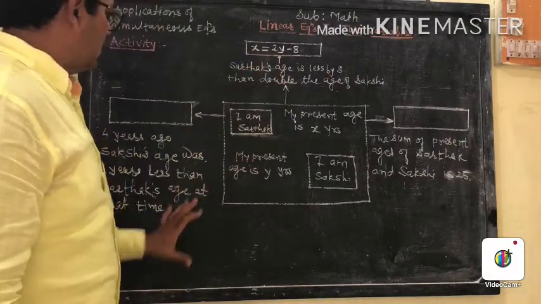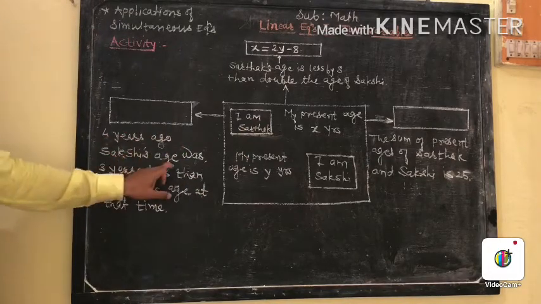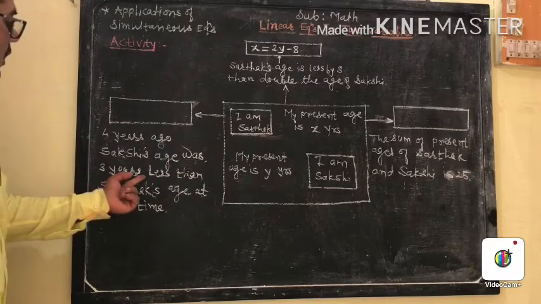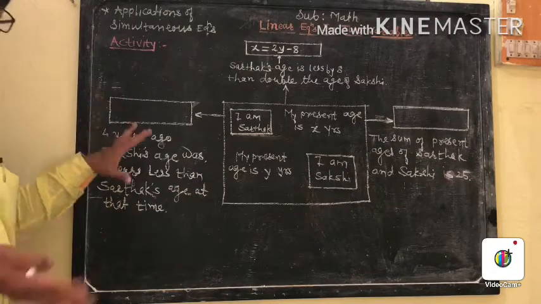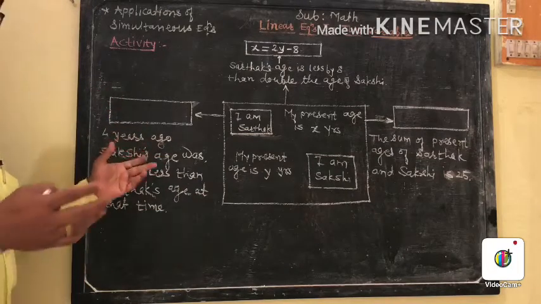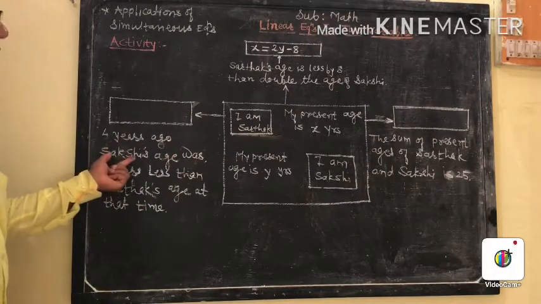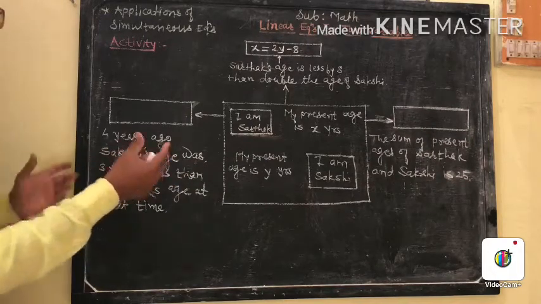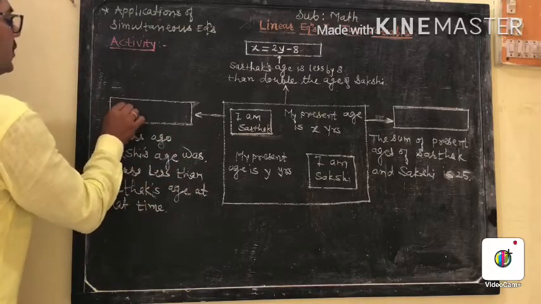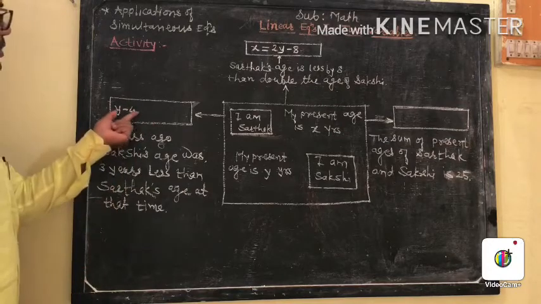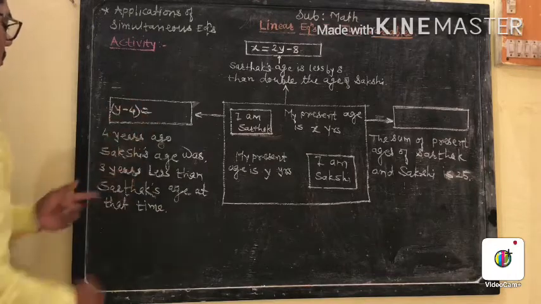Now another condition is here. 4 years ago Sakshi's age was 3 years less than Sarthak's age at that time. At that time means 4 years ago. What is the age of Sakshi 4 years ago? Y minus 4. This is the age of Sakshi 4 years ago, and which is equal to, what condition is given?